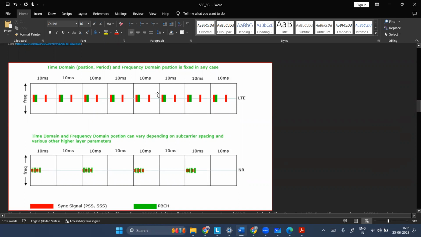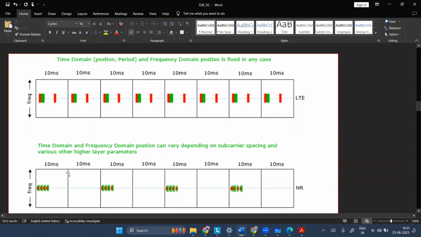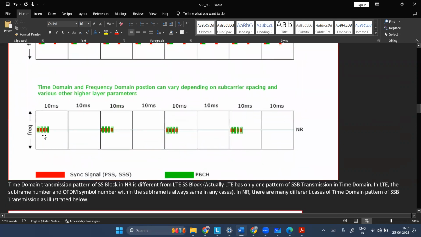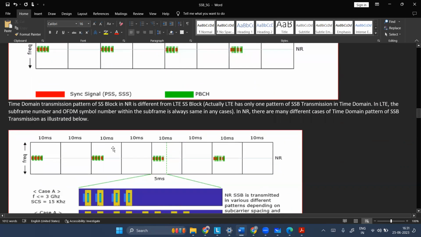This is how it represents LTE. In NR, all are together, and in a 10 millisecond frame, all come together at certain occurrences. If we have 20 millisecond periodicity, it will occur once in 20 millisecond, as you can see here. This is pretty much clear from here. Let me know if you have any questions till now in the comment section.